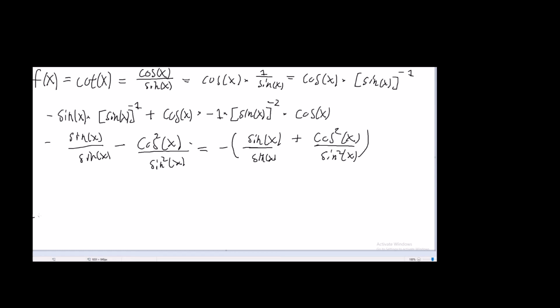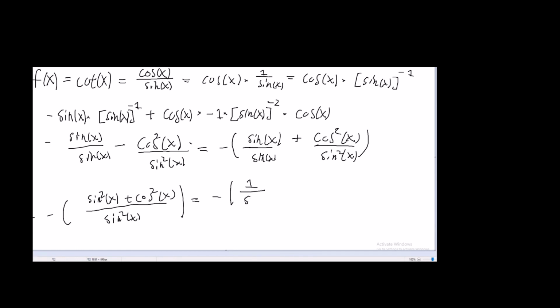So this is equal to negative sine squared of x plus cosine squared of x divided by sine squared of x, and this is equivalent to negative, and remember, sine squared of x plus cosine squared of x is always equal to 1.